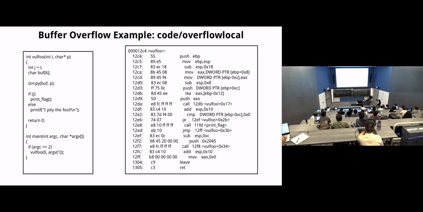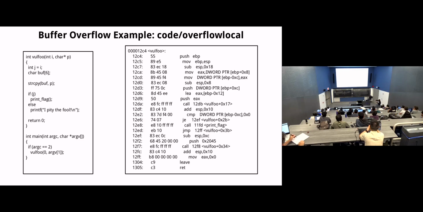This is our vulnerable program on the left-hand side, and on the right-hand side is the disassembly of this vulnerable function. Let's see if we can identify the vulnerability here. We have a main function. The main function looks for 2 arguments. One is argv0, another one is argv1. Argv0 is actually the program's name, so that's the part we do not control.